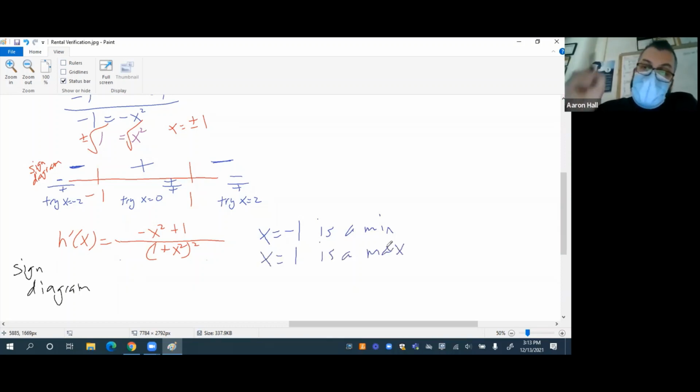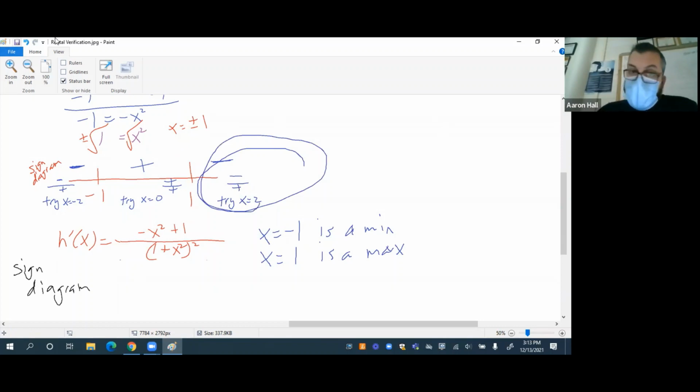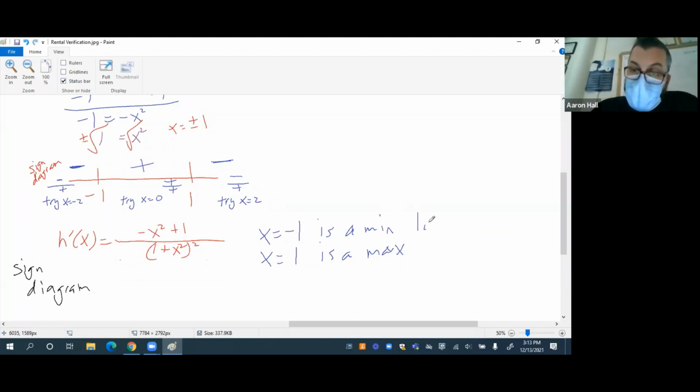Do we know whether these are global or whether they're local? Yeah, they're local, because these intervals continue out forever to infinity, because that's what our graph is. There's no stopping point. So these are local, both of them.